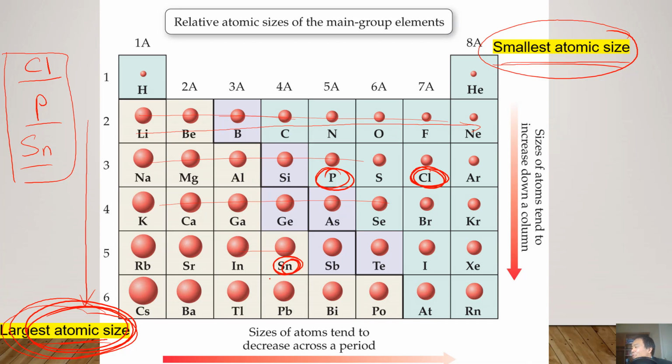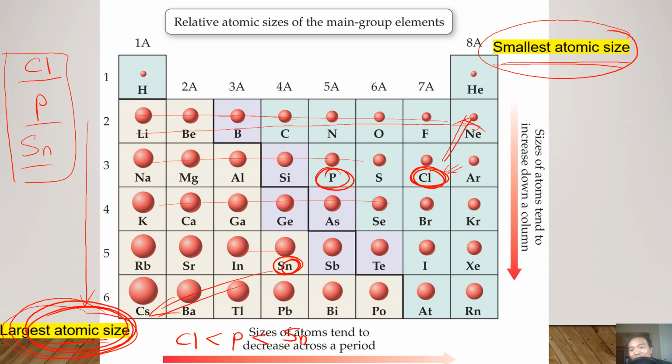Which one is closest to the smallest corner? So in increasing order of atomic size, remember, top right is the smallest, so chlorine is smallest. Phosphorus is a little bit larger, and tin would have the largest atomic size. That's how you do it.